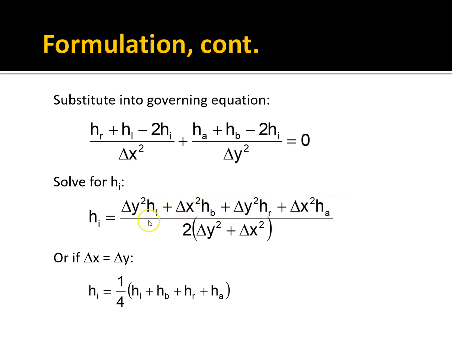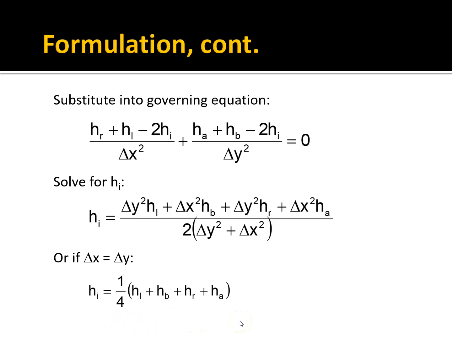So it factors in the delta x and the delta y. And a really cool thing is if delta x is equal to delta y, you can replace all of these delta x's and delta y's by delta and simplify. You end up with this beautifully simple expression.